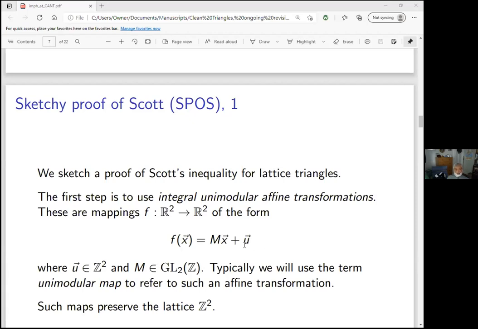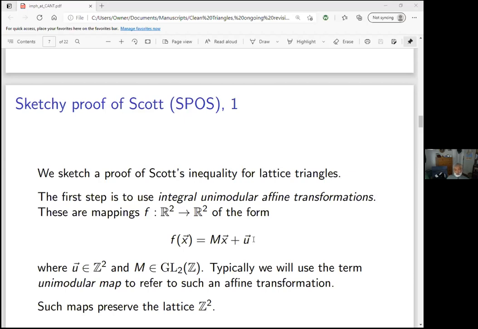Okay, so M is a 2 by 2 matrix, integer entries, determinant plus or minus 1, and any translation you have must be a lattice point. Okay, so this is the basic tool we need.